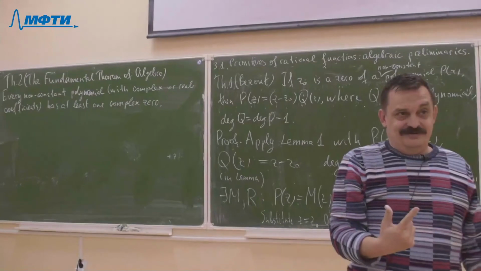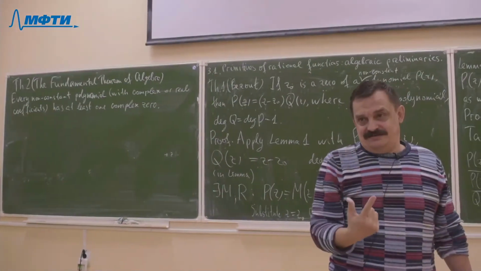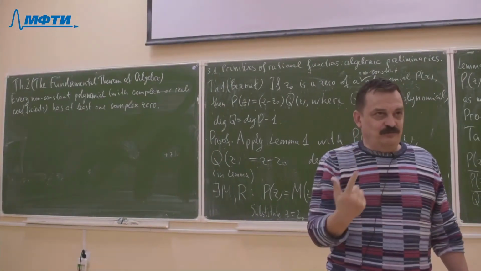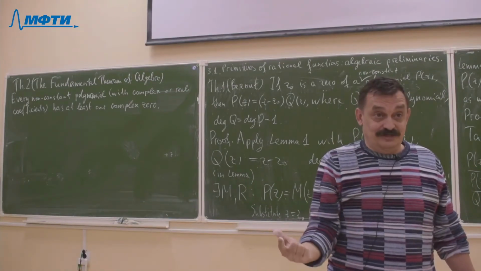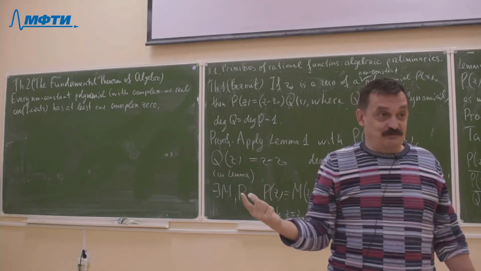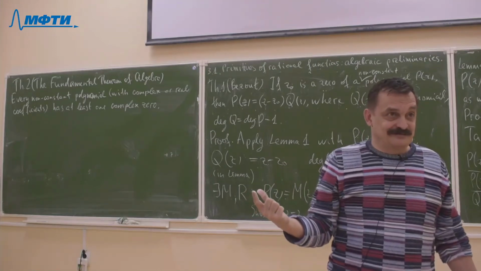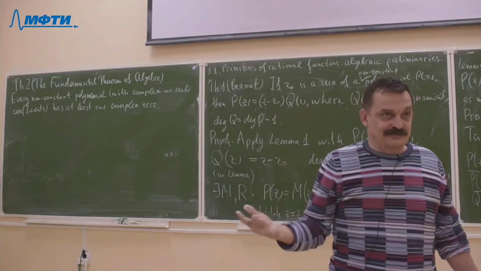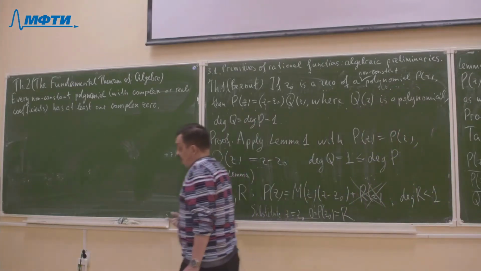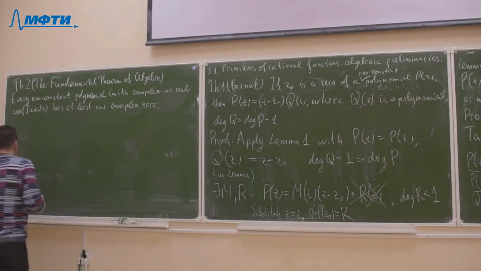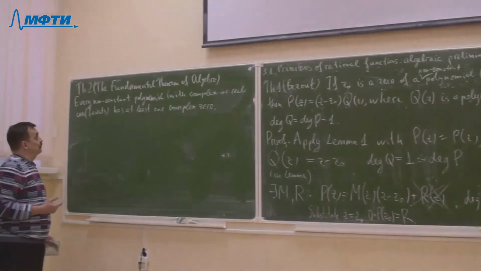Maybe. But we cannot guarantee that even a real polynomial has at least one real zero. That's not true, as we know, let's say, x squared plus 1, right? A real polynomial with no real zeros. But for complex, that's not the case.